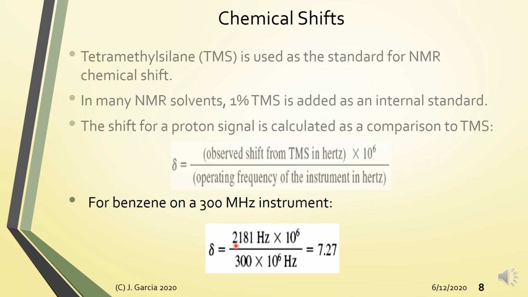So 2181 Hz divided by the operating frequency of your instrument, 300 megahertz. In terms of hertz, that is equal to 300 times 10 to the 6th hertz. So you divide the two, then multiply it by a factor of 1 million, which is why ppm is the unit. So you get 7.27 ppm.